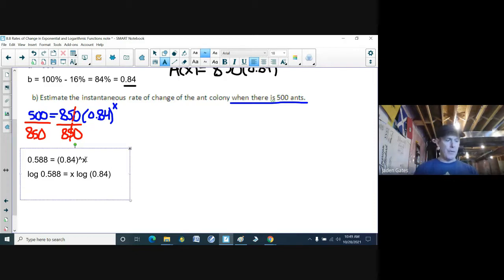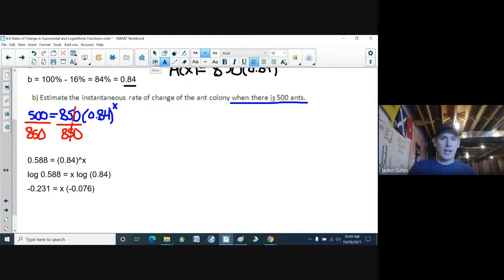All right, just simplifying things here. The log of 0.588, it's a small number, so it ends up being negative 0.231, is equal to x times the log of 0.84. And it's also negative, so we get negative 0.076. All right, last step, finding out x.